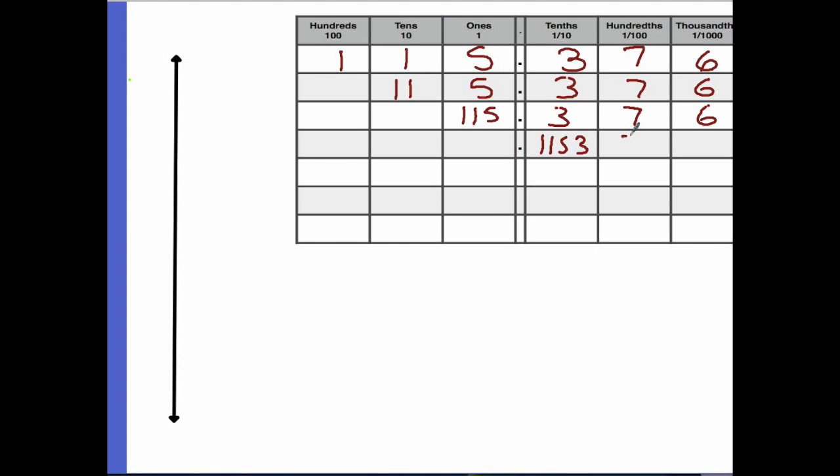But we don't know what it is, so we're going to call it a hundredths. What number is going to go on top? 11,538 hundredths.